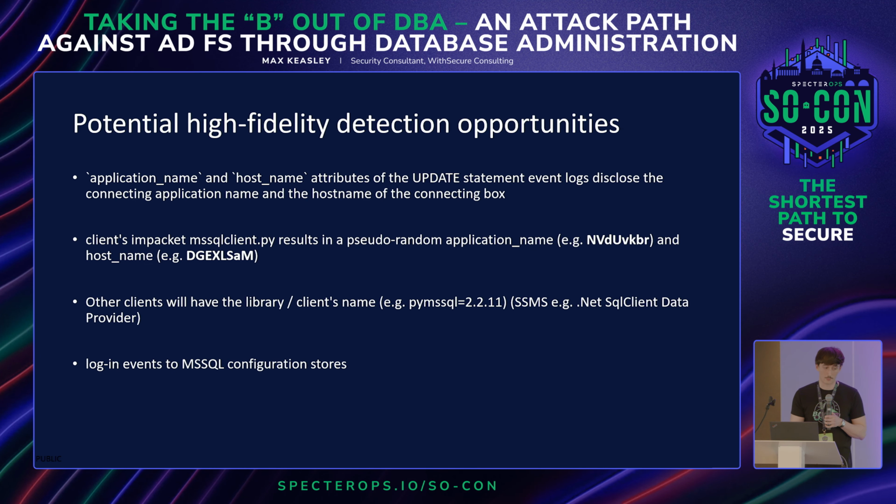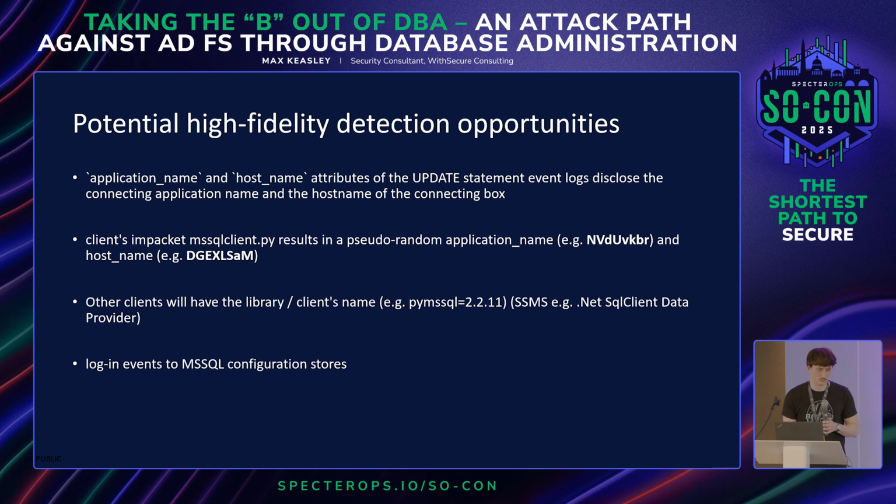So as I said before, the application name and hostname attributes disclose the connecting application and the hostname. There's a weird discrepancy, which I'm pretty sure is an intentional IOC with mssqlclient.py. The connecting client hostname is a pseudo-random eight character hostname. So that'd be a pretty interesting IOC to develop and use.